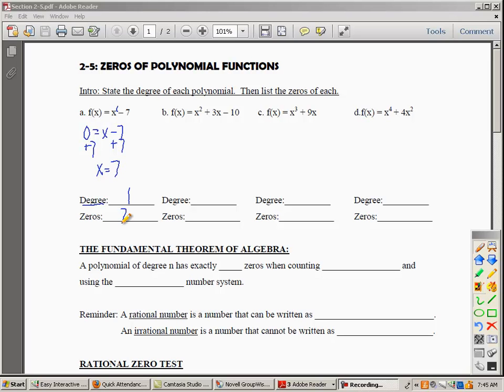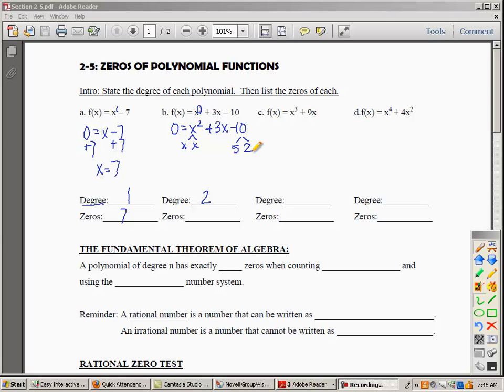In part B, take a look, the degree is 2. That means we should have 2 solutions. If I set this equal to 0, you have 2 options for solving. You can either factor or use the quadratic formula. In this case, I'm going to factor because it's easier and it's factorable.